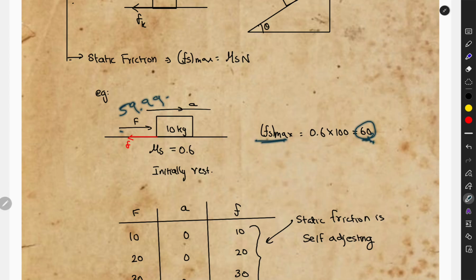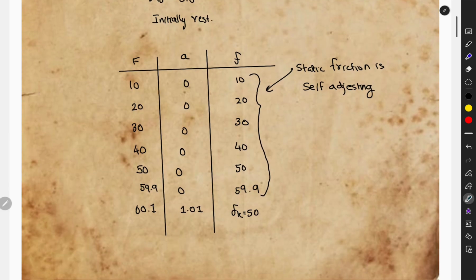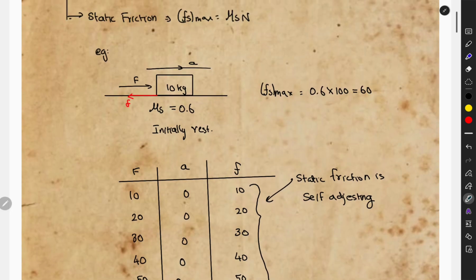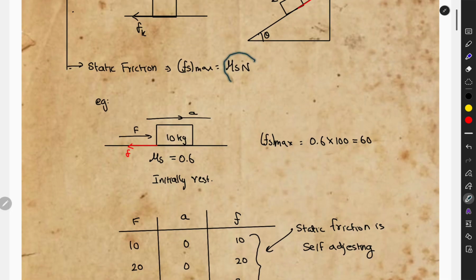I hope you understand. Now let's see a table that represents the acceleration with respect to the force applied. This is the force applied, this is the acceleration, and this is the frictional force. I said it's a self-adjusting force, which means the maximum value is this.